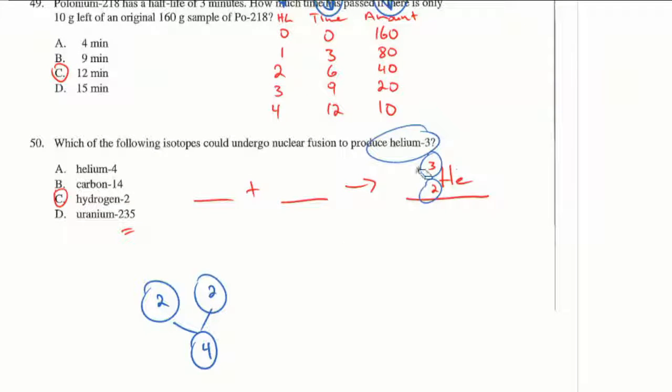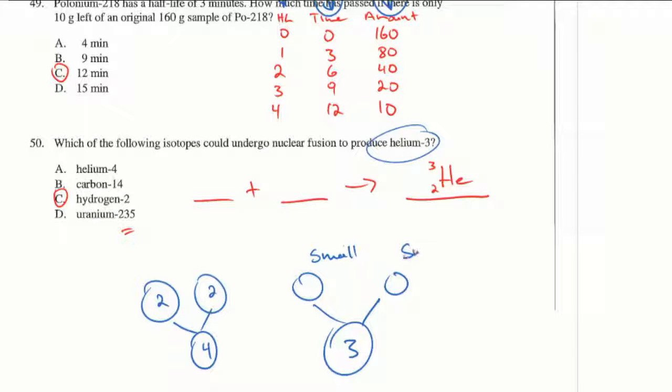So if I have two things that are combining together to give me a mass of 3, those two things would have to be smaller than 3. So I couldn't use helium-4 because I can't add anything to 4 to make it less than 4. And same with carbon-14. These things are all too big.